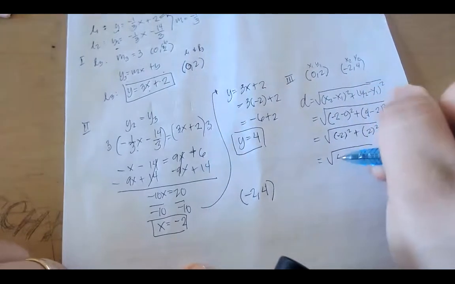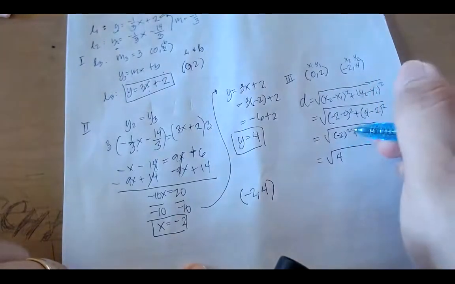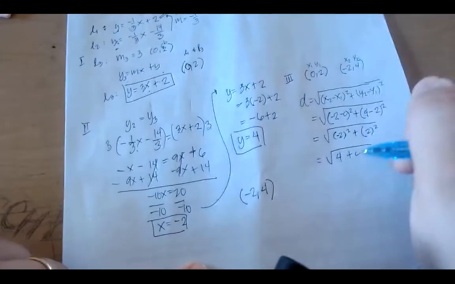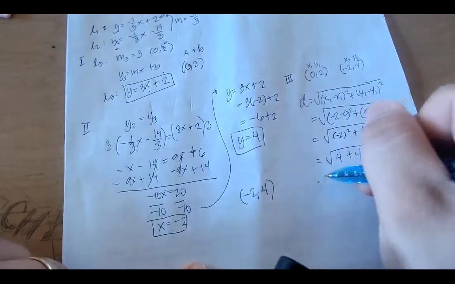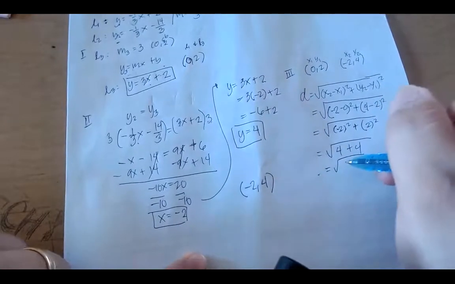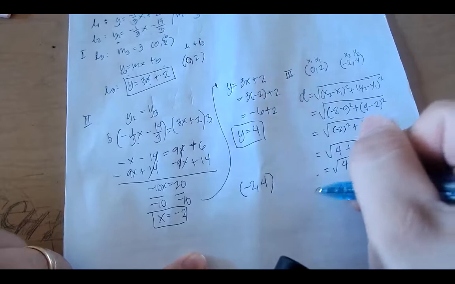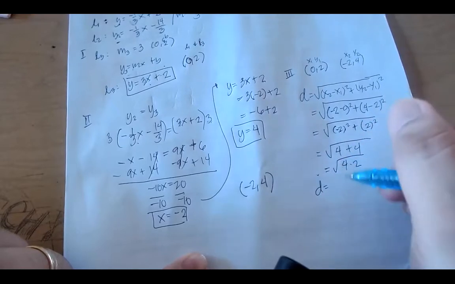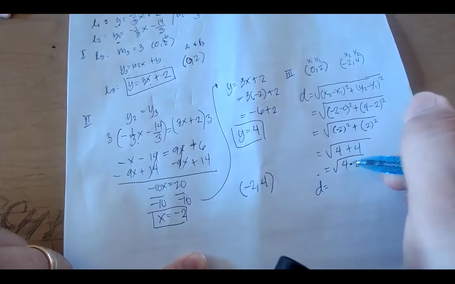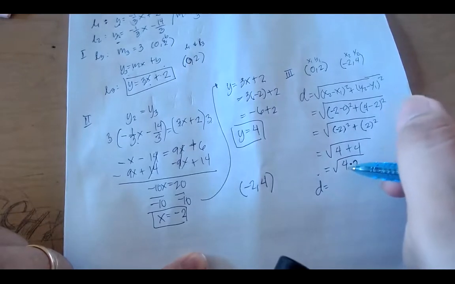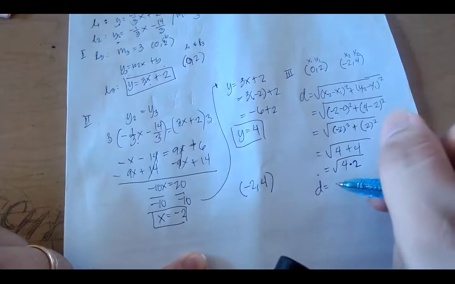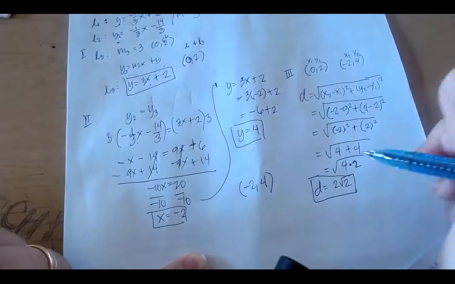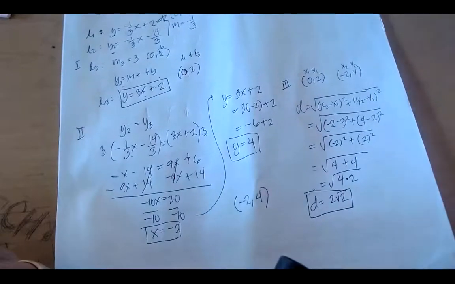That is 4. Even if it's a negative, when you square that, it still becomes positive, plus 4. So, since both are perfect squares, you can express it as 4 times 2. So D is equal to, because I want to move out 4 as a perfect square, and it's a product of two numbers, I can move 4 outside, it becomes 2 square root of 2. So this is the distance between the equations here.